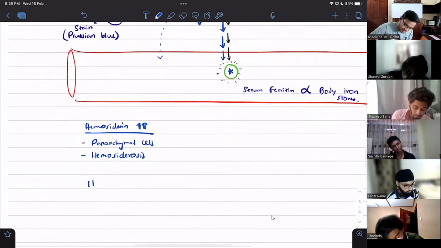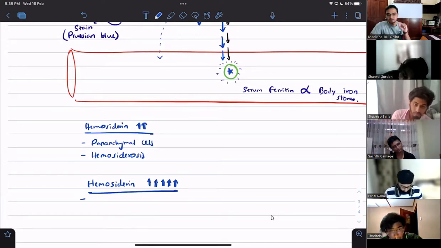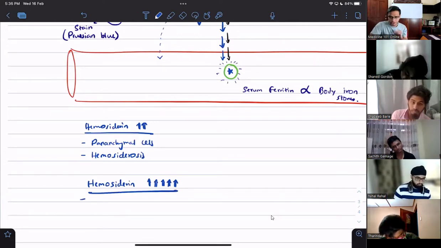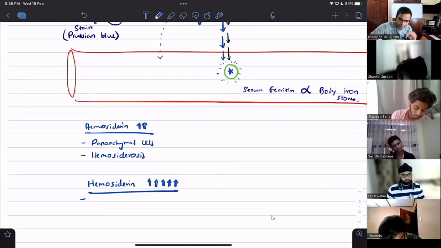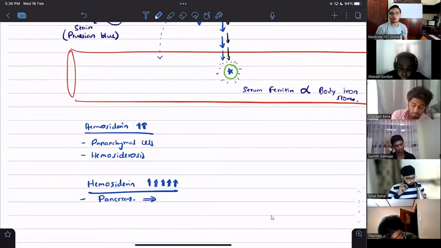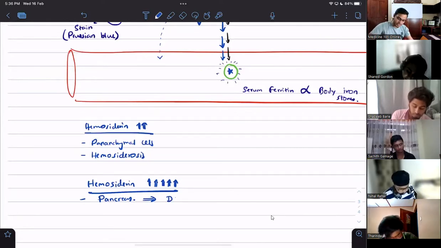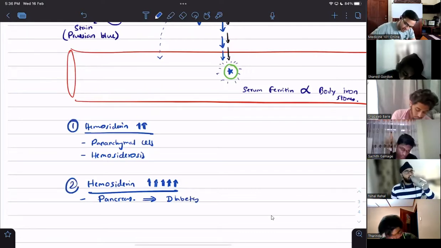The next condition, if we don't treat it, is that hemosiderin increases so much that, beyond a certain threshold, it will start causing organ damage. One of the primary places, guys, is the pancreas, causing damage and giving rise to diabetes. In the initial stage, we'll say this is stage 1 and this is stage 2.